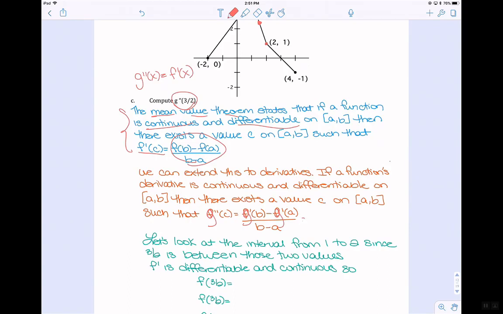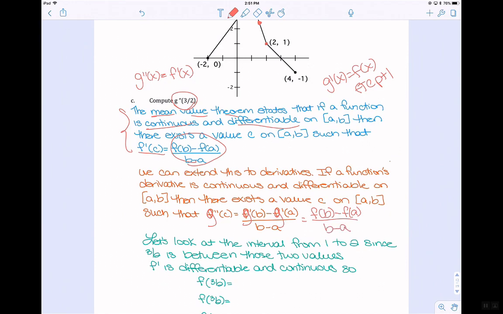Remember that g prime, we defined in the previous example, g prime of x is the same thing as f of x by the fundamental theorem of calculus part 1. So that means that this is f of b minus f of a over b minus a.